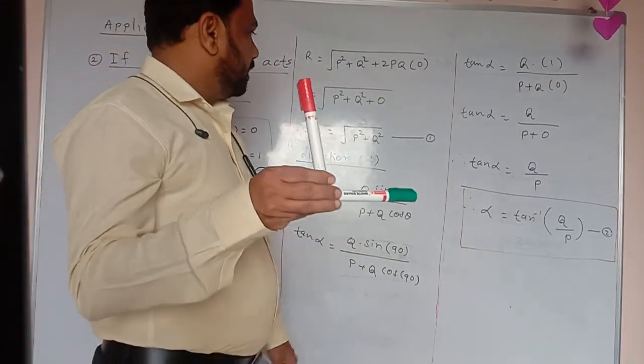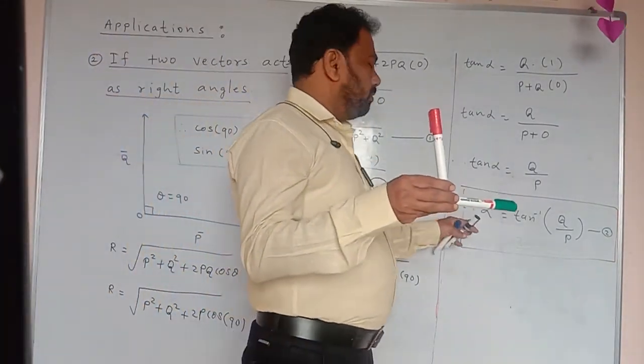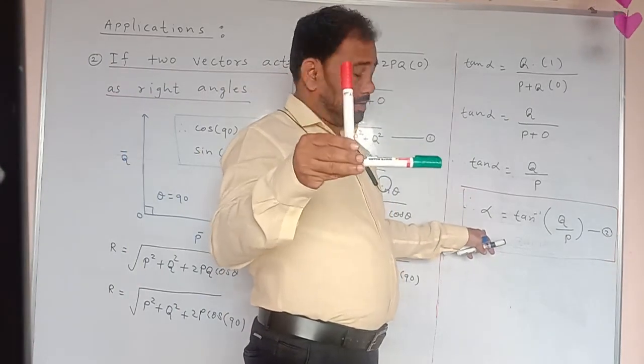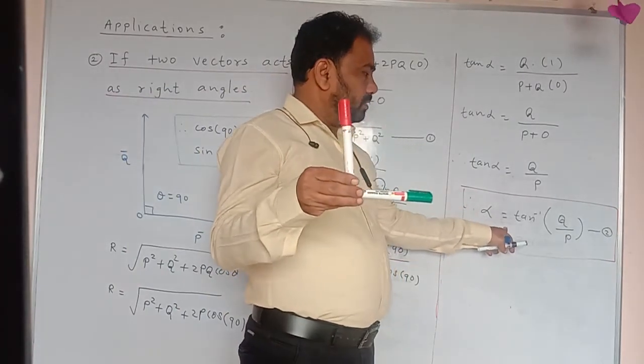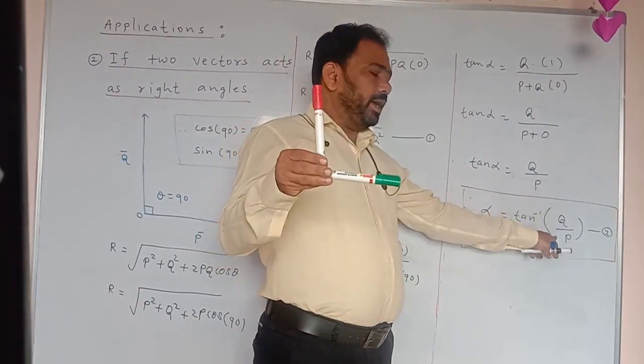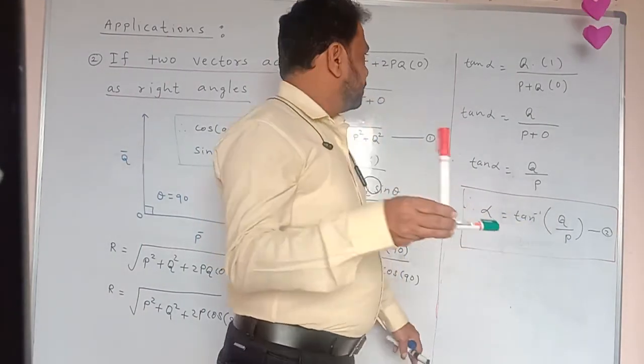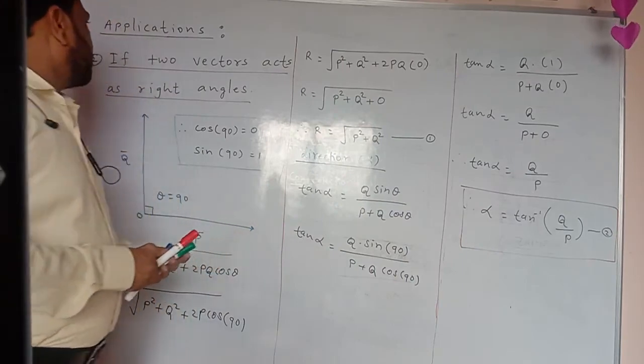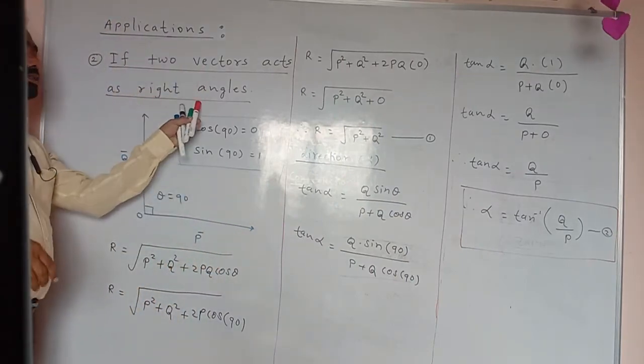In that case the resultant is under root P square plus Q square, and the direction alpha is tan inverse of Q by P. So this is about the second application, that is when two vectors act at a right angle.